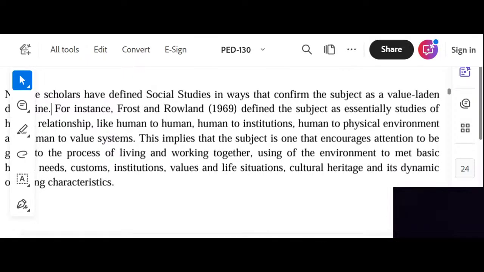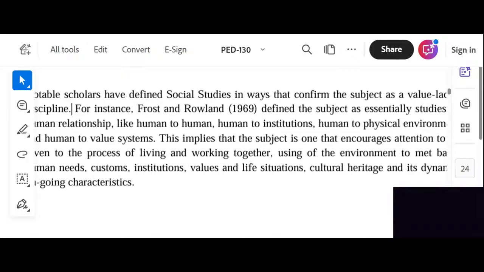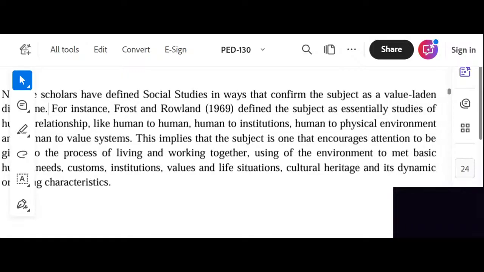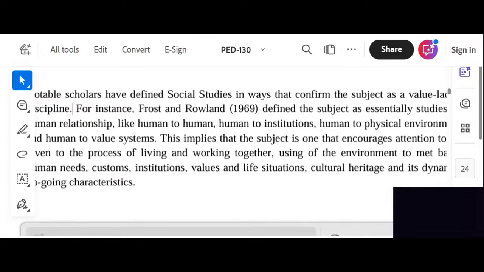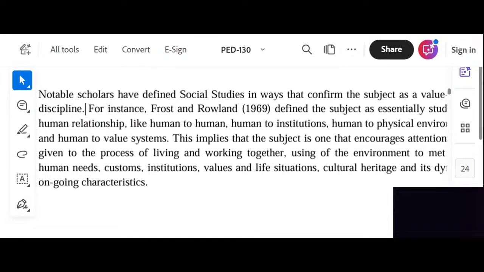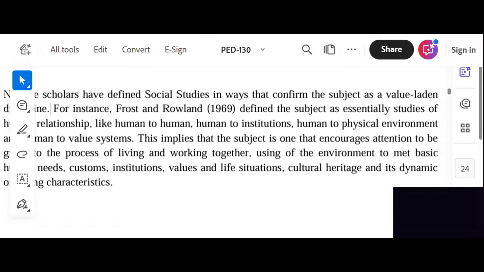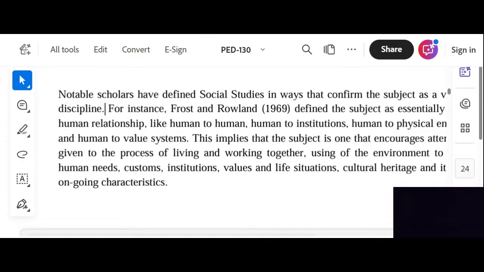So we've seen the definition by Frost and Rowland, a subject that studies human relationship, like the human to human relationship, human to institutions relationship, human to the physical environment, and also human to value systems. This implies that the subject is one that encourages attention to be given to the process of living and working together, using the environment to meet basic human needs, customs, institutions, values, and life situations, cultural heritage, and its dynamic, ongoing characteristics.